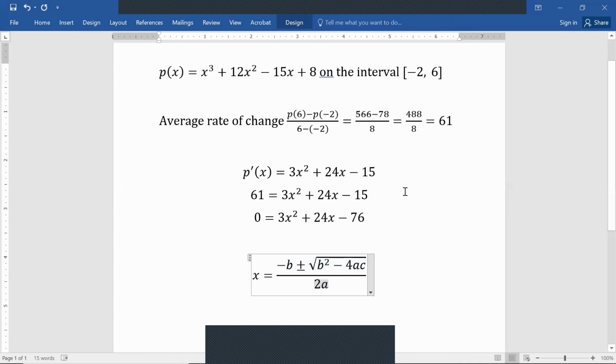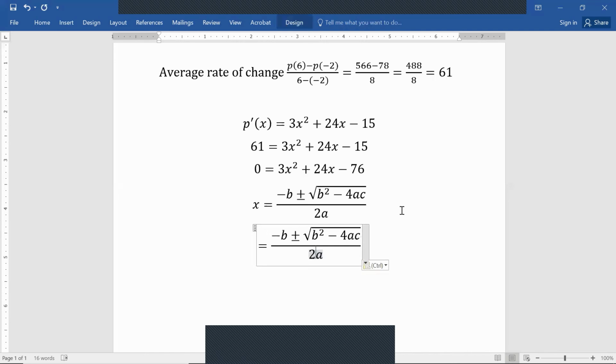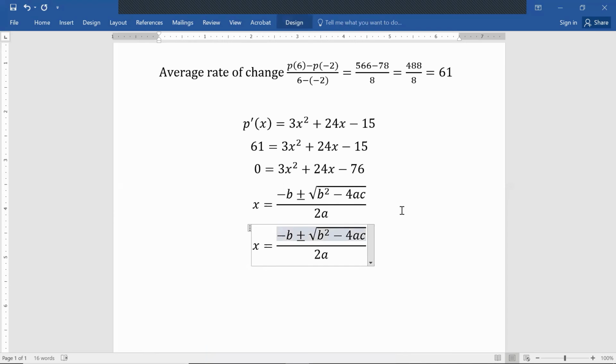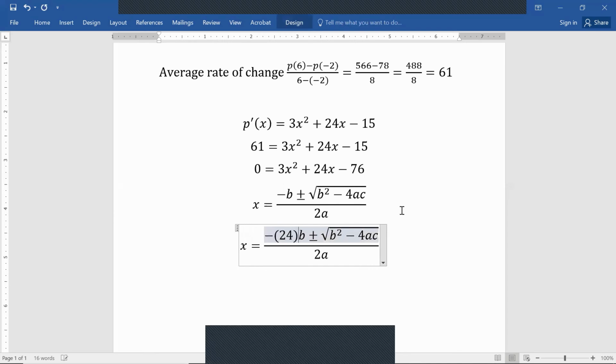In our case, b is 24, a is 3, and c is -76. So x is equal to the opposite of 24 plus or minus the square root of 24 squared minus 4 times 3 times negative 76, all divided by 2 times 3.